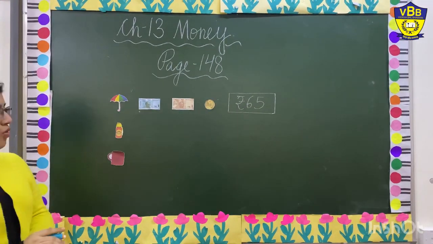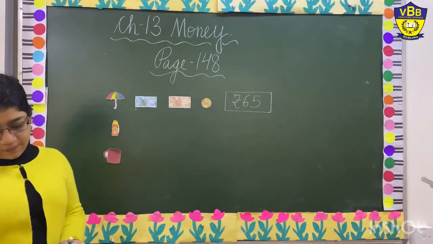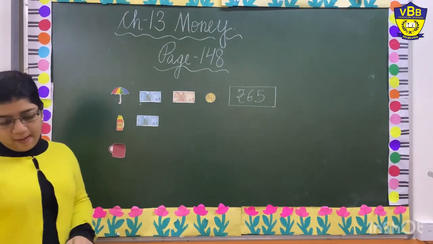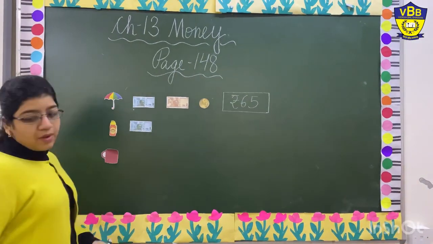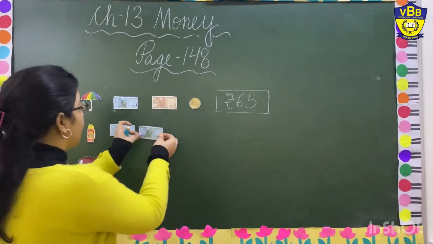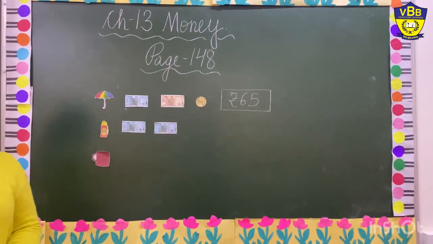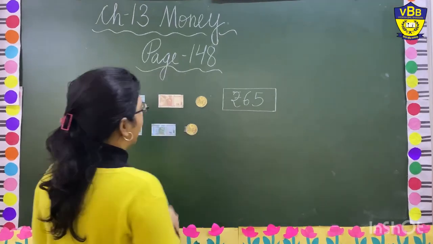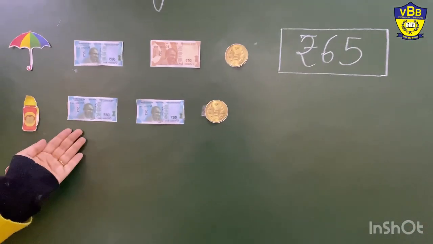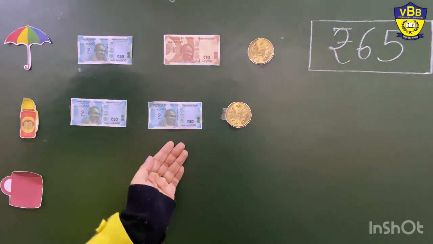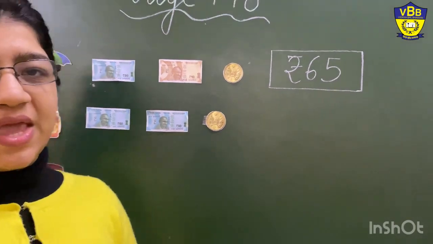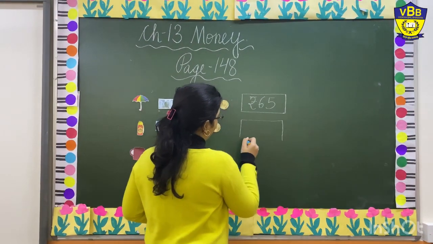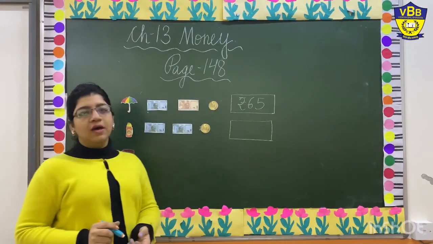Now come to the water bottle. The water bottle is rupees 50 plus rupees 50 plus a rupees 5 coin. Again we have to count it and write it in the box.